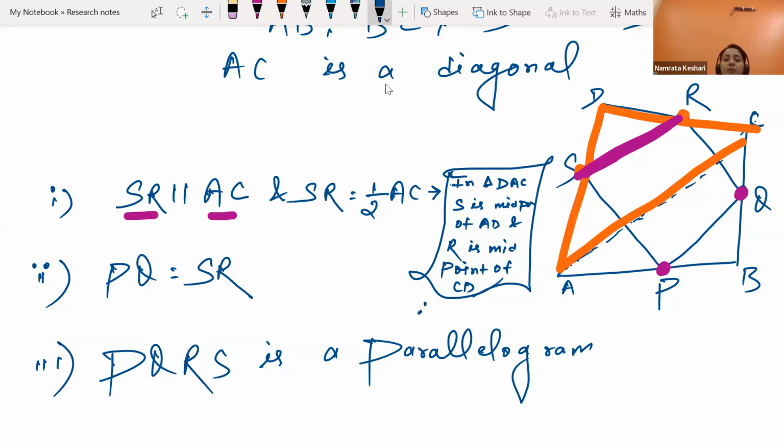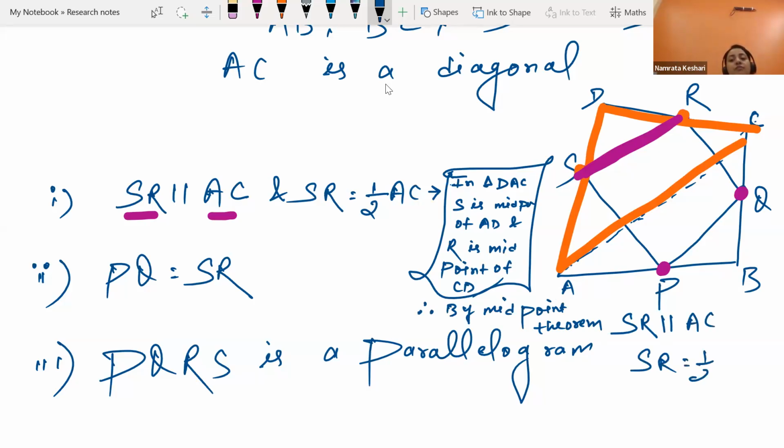Therefore, by midpoint theorem, you can write the theorem, or directly we can write by midpoint theorem, SR must be parallel to AC and SR is equal to half of AC. We are done. That is the job of the theorem, that it will make our work simpler, and you can see, it's so simple.